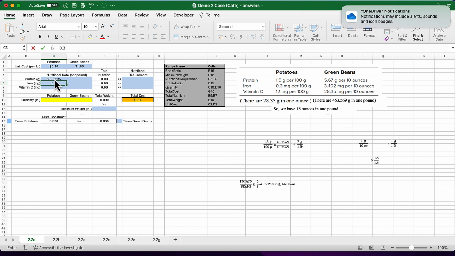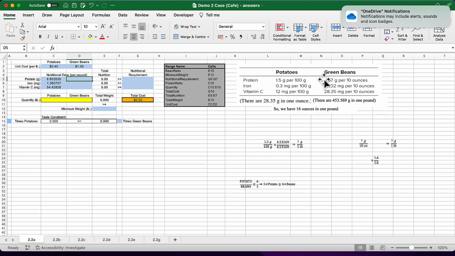So 0.3 times 4.53569, and oops, I should have an equal sign over here. All right, and the last item would be 12 milligram, multiplied by 4.53569. The same thing goes for the green bean as well.